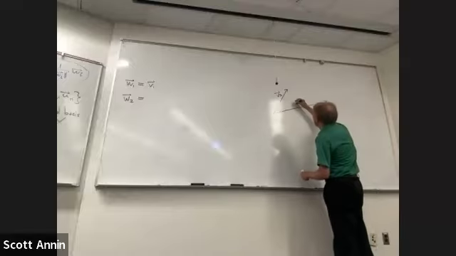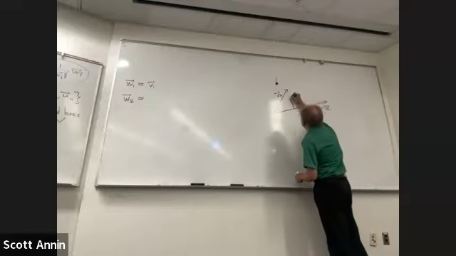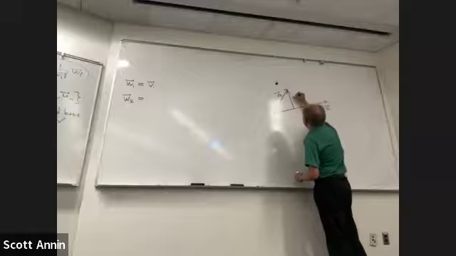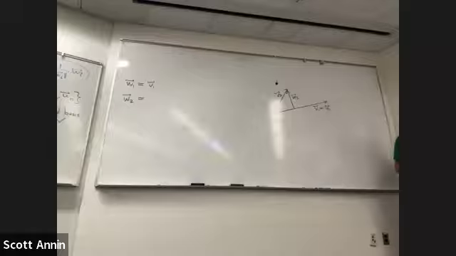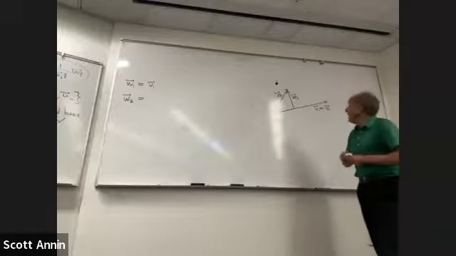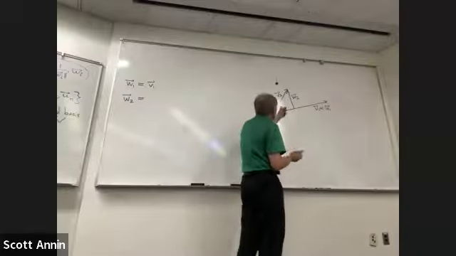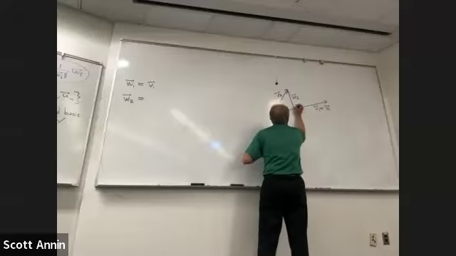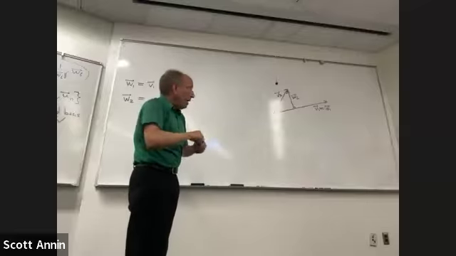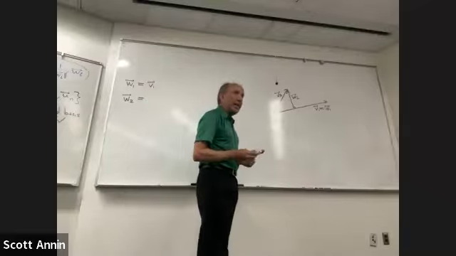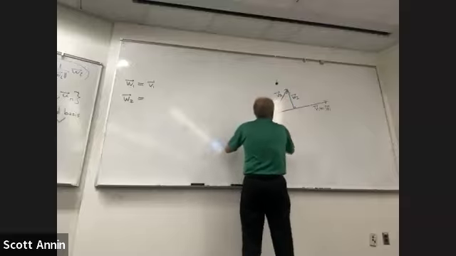So I'm going to draw the picture of what W2 is first, and then we'll explain how you get the formula for it. W2 is going to be that blue vector that I'm drawing here on this board, and it is supposed to be at a right angle to W1. And you can see that we actually have a little triangle here.